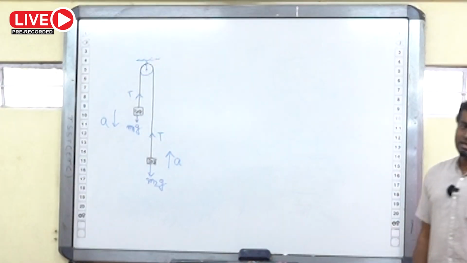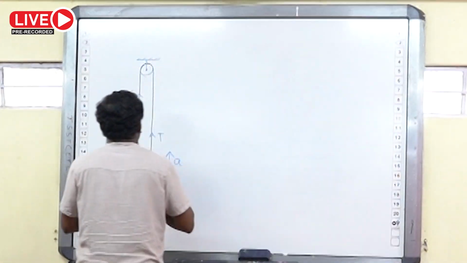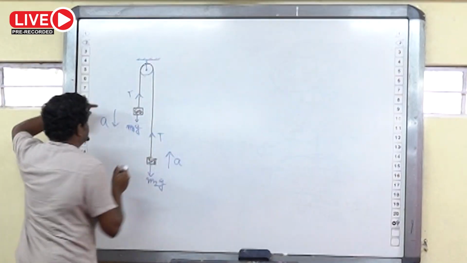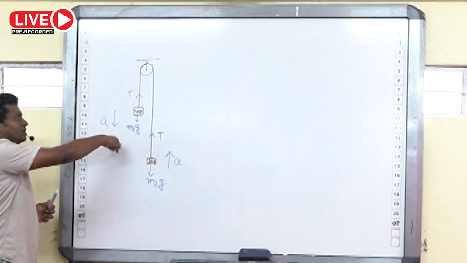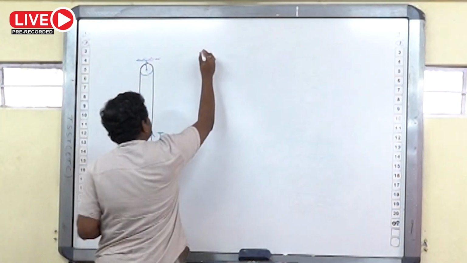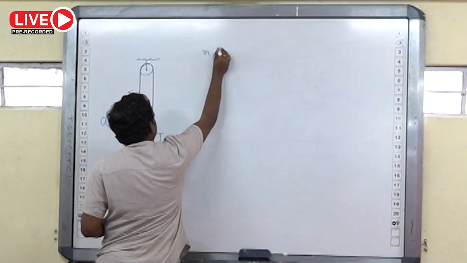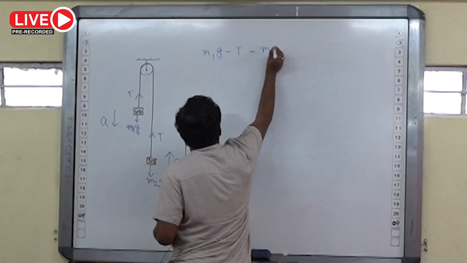Now we write the equation of motion. I will show you the formal technique once. This mass is moving down, so the downward force must be greater than the upward force. The resultant force will be M1g minus T, equal to M1a.